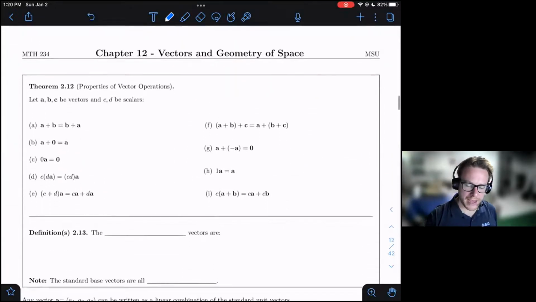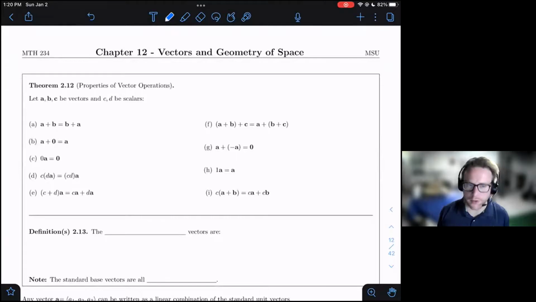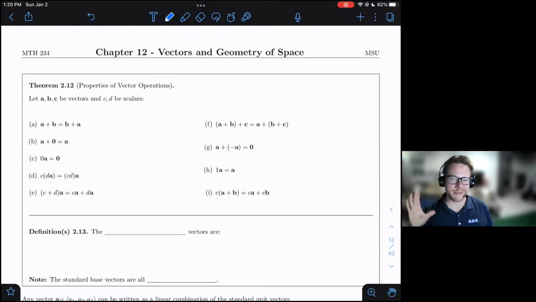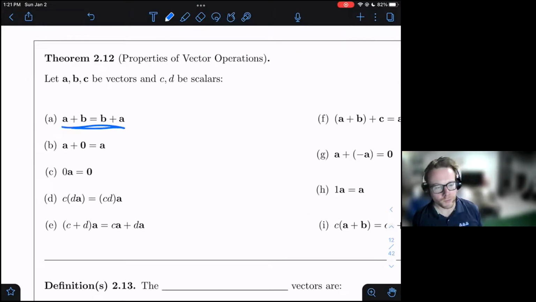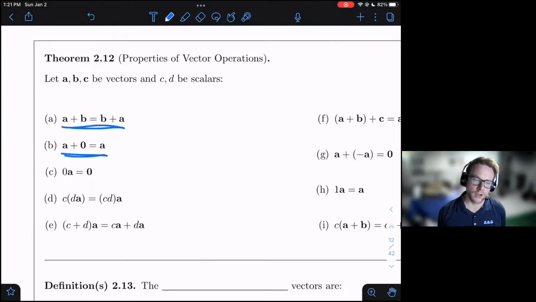Okay, last page. Whenever you get these new properties, mathematicians are very interested in which properties from our good old days of algebra still hold with vector addition and scalar multiplication, versus which ones don't hold. And the good news is basically everything works. So, for instance, you have commutativity. You have an additive identity, so if you add the 0 vector to any old vector A, it stays the same.